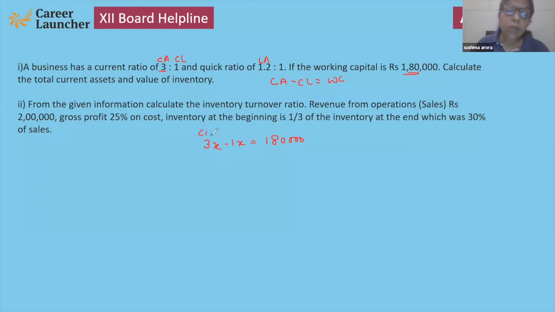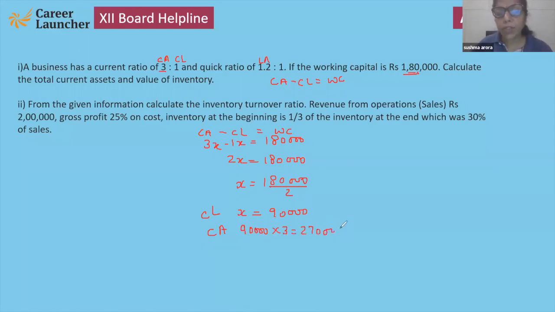So 2x is equal to 1,80,000. X is equal to 1,80,000 divided by 2. X is equal to 90,000. 90,000 is CL and CA is 3 times, so 90,000 into 3 will be 2,70,000.